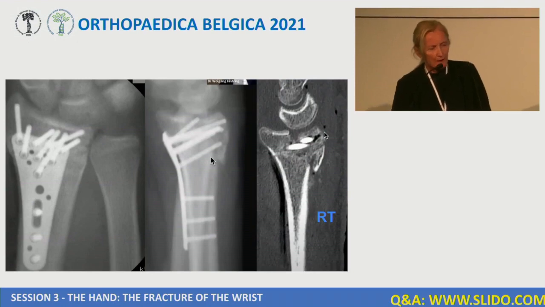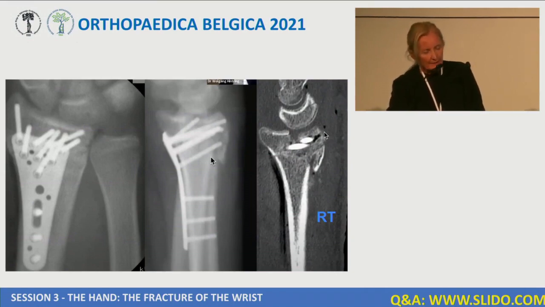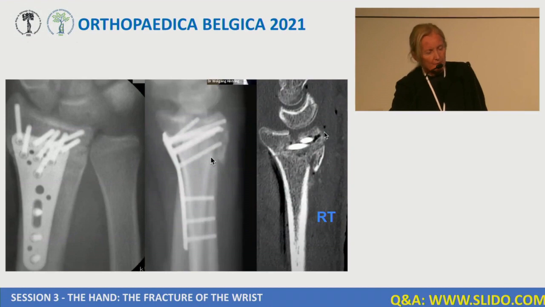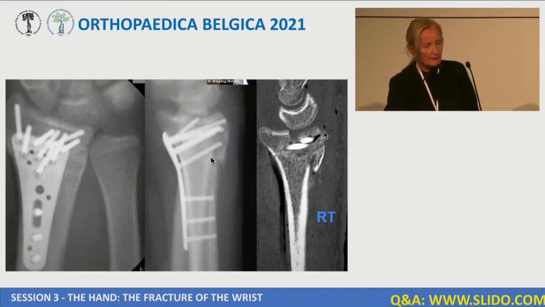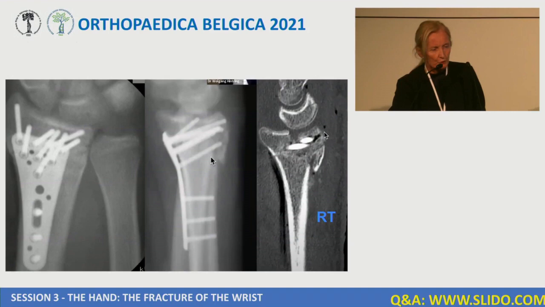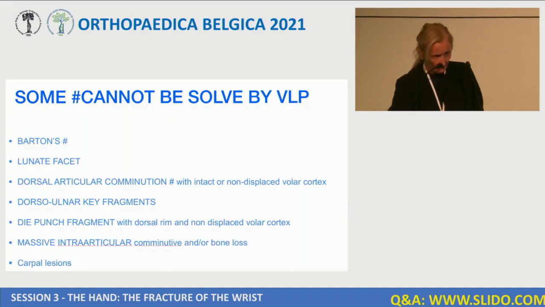So here, a dorsal ulnar corner. You see that the reduction with a volar locking plate is not perfect. There is an intra-articular step, and also there is a dorsal carpal luxation. So with an intact volar cortex, you have to choose another approach. And so here, a dorsal approach should be better.